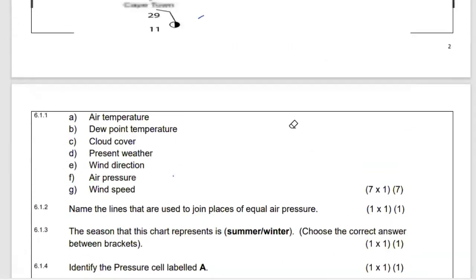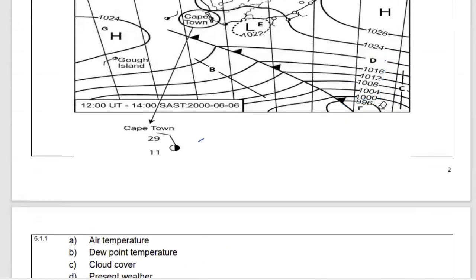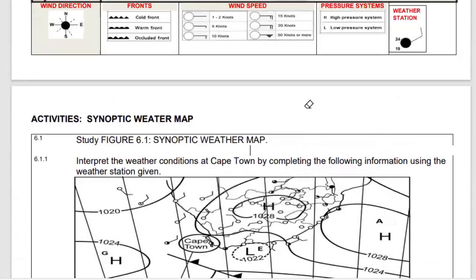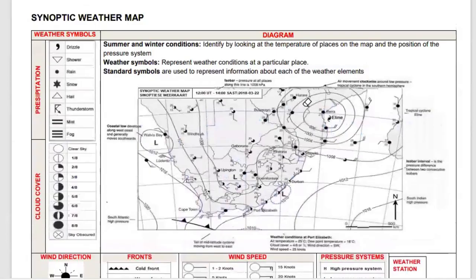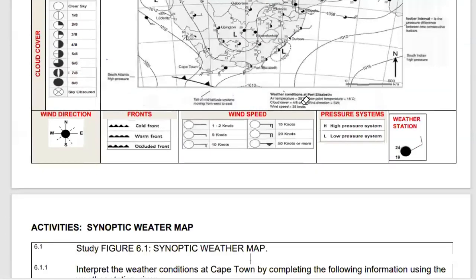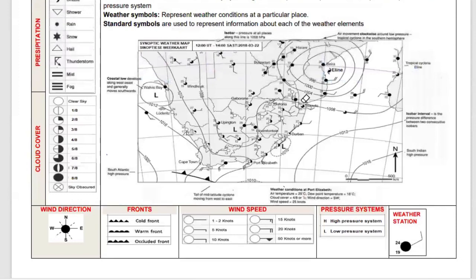So basically, I think we have touched on the key aspects of synoptic weather maps. We've also tried to elaborate on some key concepts which are of paramount importance towards your understanding of the reading and interpretation of synoptic weather maps.